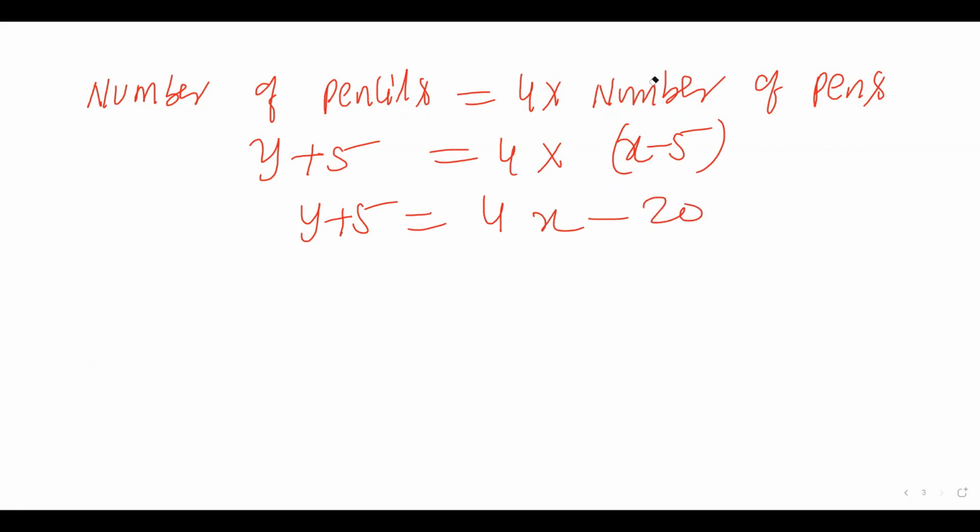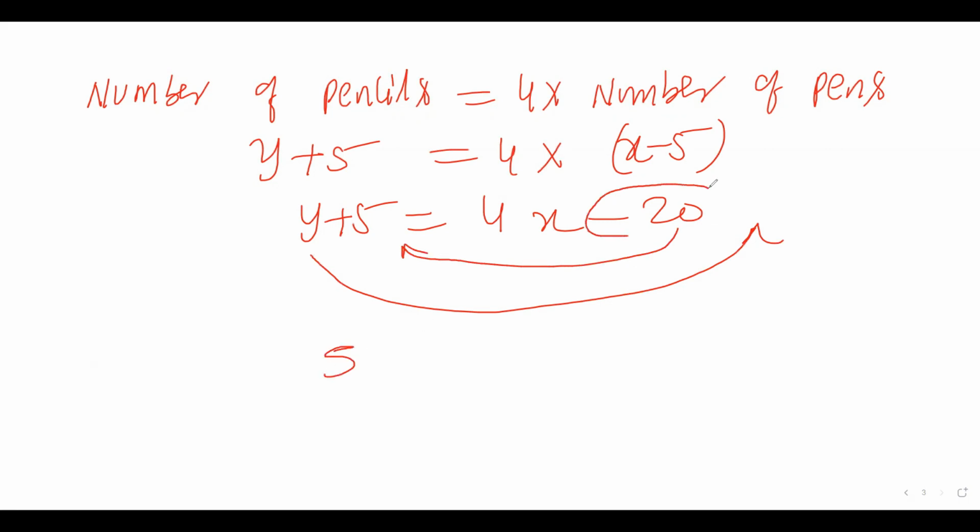Let us get one more linear equation. I want to take all the variables to one side and all the constants to the other side. This minus 20 on transposing to the left hand side will become plus 20. 4x remains as it is. Plus y on transposing will become minus y.